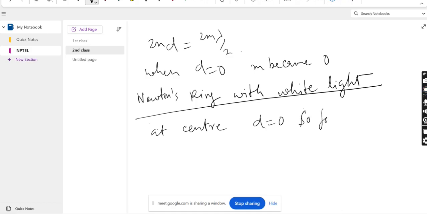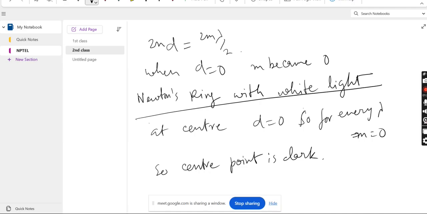So for every lambda it is 0. So the center fringe is dark. But after that, there will be colored rings, because when d increases, lambda becomes fixed but m changes. So after that, the rings will be colored.